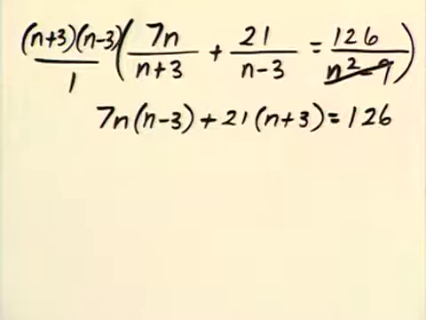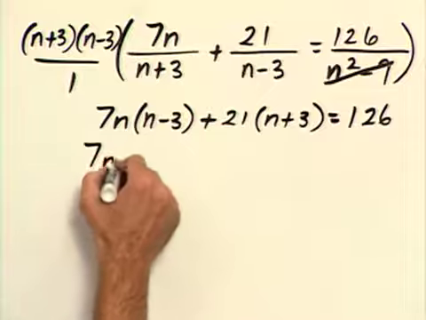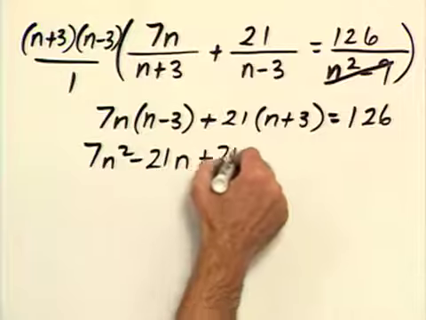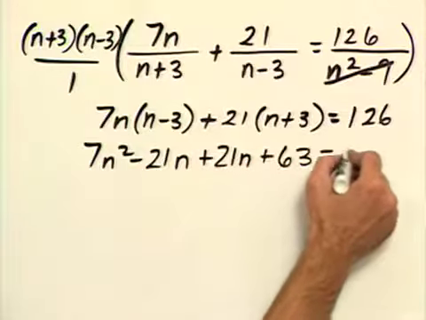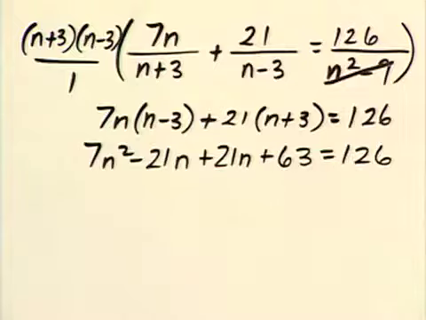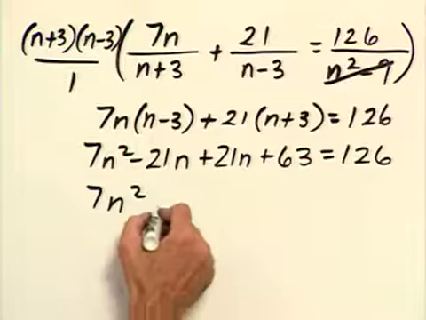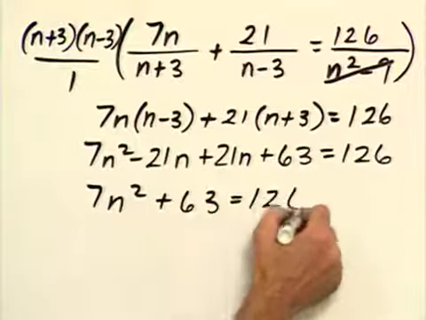Now let's solve this simple linear equation. So let's distribute and get 7n squared minus 21n plus 21n plus 63 is equal to 126. Let's combine our like terms here, and we'll have 7n squared plus 63 is equal to 126.